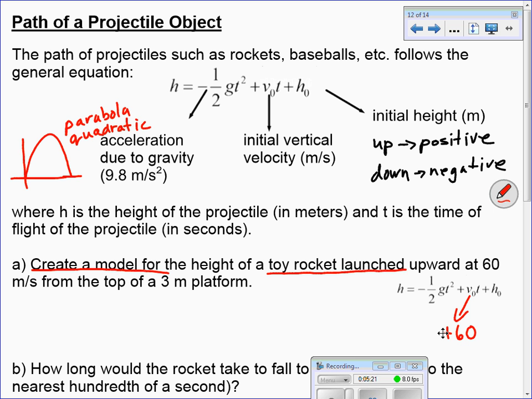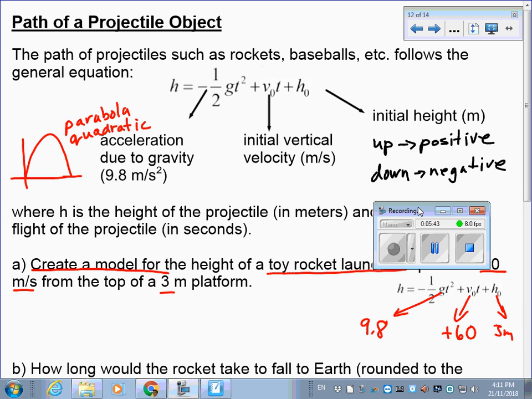And remember, the gravitational constant based on this equation is always 9.8. Now, in this case, it also says that its height is 3 meters above the ground. So that means this part here is 3 meters. So now, when we substitute this information into our equation, we get the following.